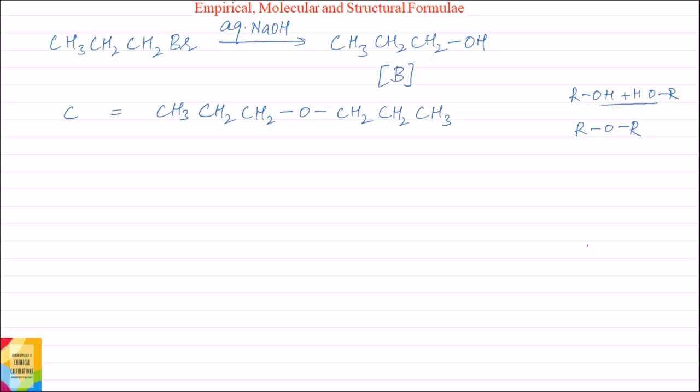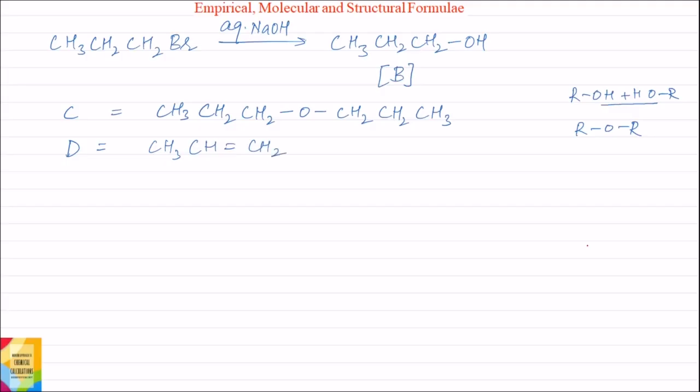C is an ether. But when B is heated at high temperature with alumina, then elimination of a water molecule takes place from the same molecule of B, that is, an intramolecular dehydration reaction. So the structure of D will be CH3CH=CH2.